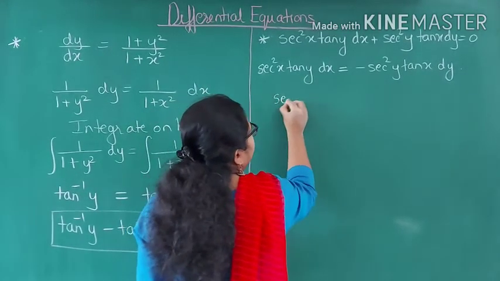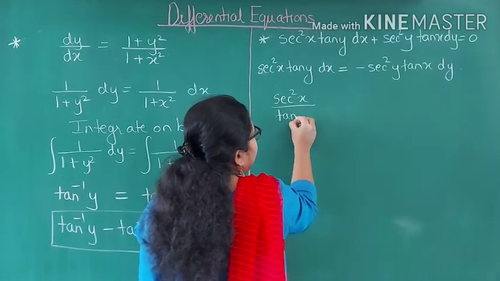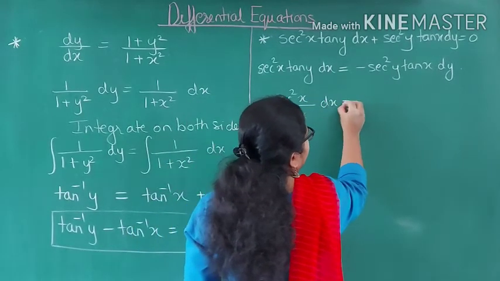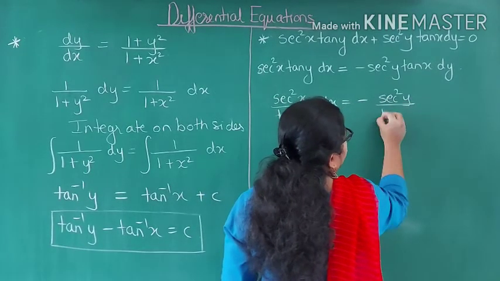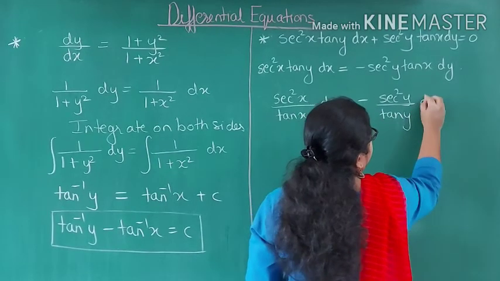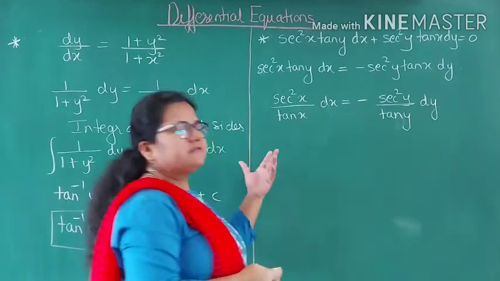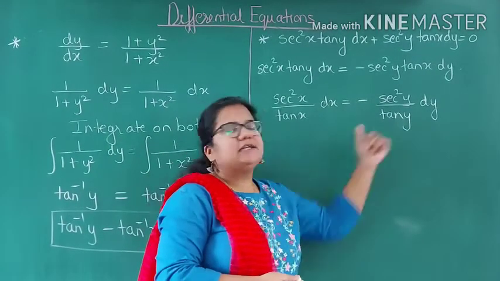So this will become sec square x upon tan x into dx equal to minus sec square y upon tan y into dy. Yes, so we have separated the variables here, all x, all y, dx and dy.